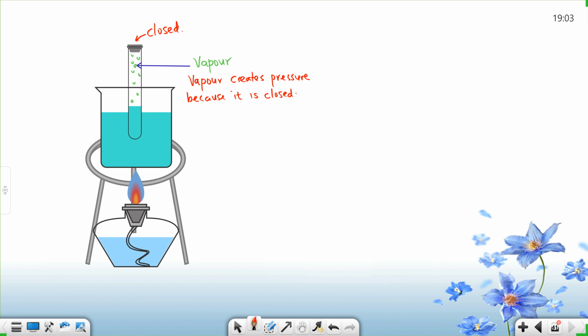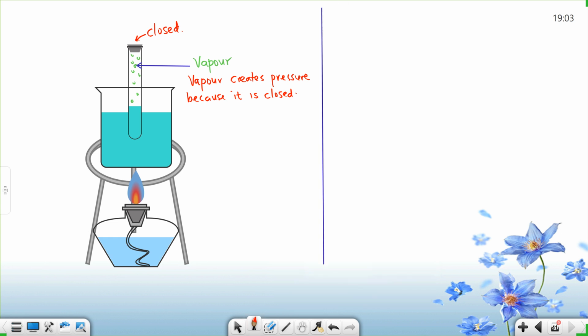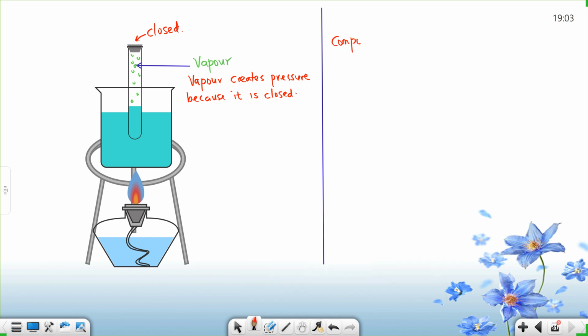Now, what is the relationship between vapor pressure and boiling point? My good learners, I want to ask you a question now. If I have compound A and compound B, the boiling point of A is 20 degrees Celsius, while the boiling point of B is 100 degrees Celsius.